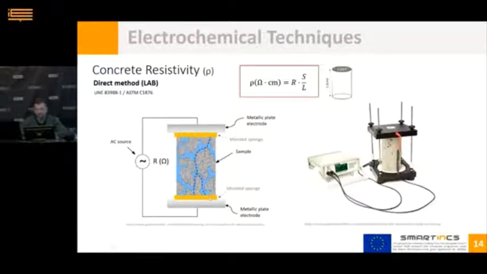For resistivity calculation, the electrical resistance between the two electrodes is measured using alternating current, and a geometrical factor is applied, which depends on the cross-section of the specimen and the separation between the electrodes.